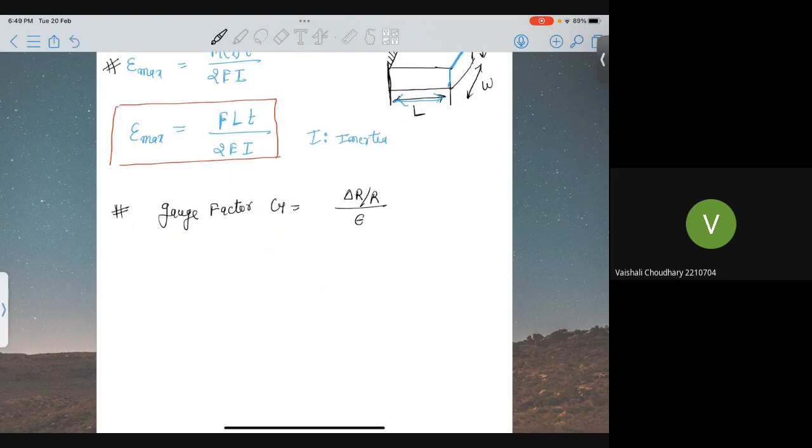This is called a change in resistance if strain changes; it is called gauge factor.